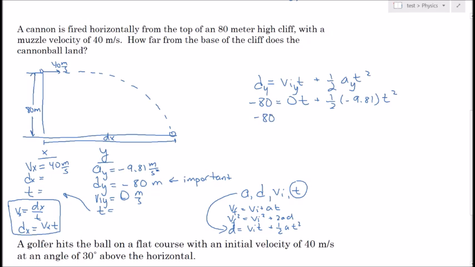If we simplify this, because 0 times t is just 0, we get -4.905 t squared. At this point, you can comfortably remove the negatives by multiplying both sides by -1. And then go ahead and divide both sides by 4.905.